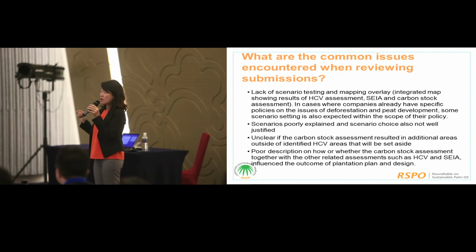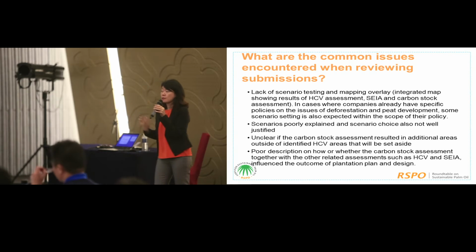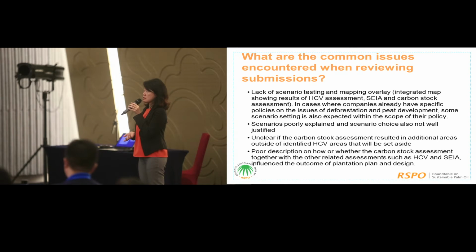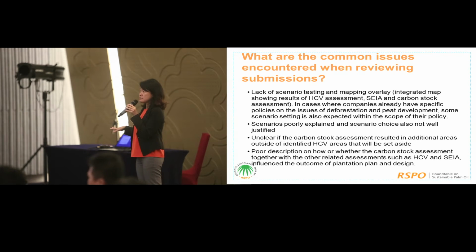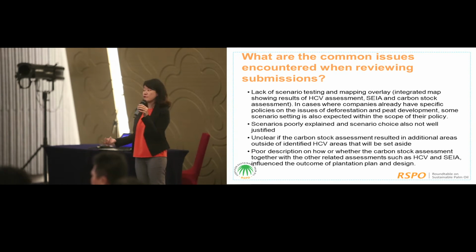We also are thinking about how, once we have all these things, we're going to talk a lot more to companies, auditors, and also assessors to make sure they are clear on exactly what we want through the greenhouse gas assessment procedure. And there's also very poor description on how or whether the carbon stock assessment, together with the other related assessments, influence the outcome of plantation plan and design.